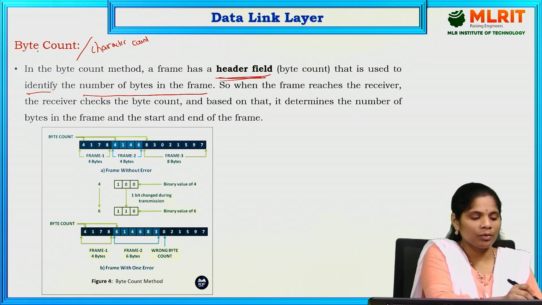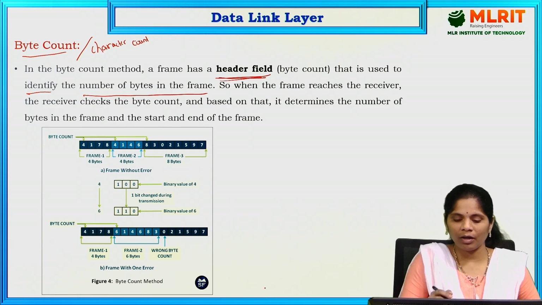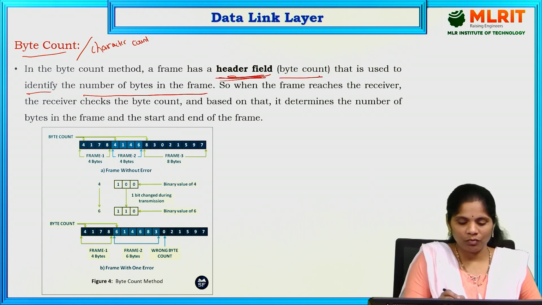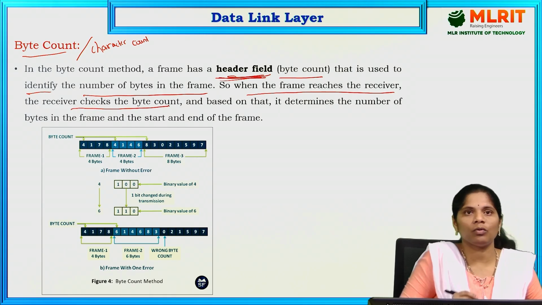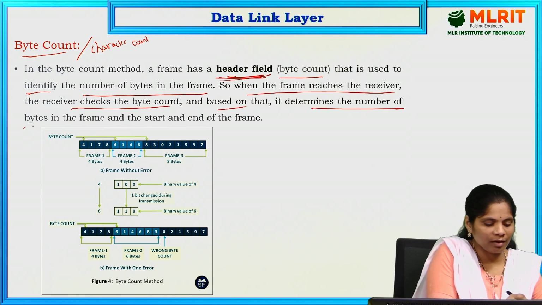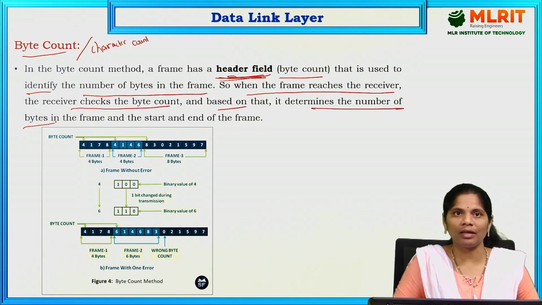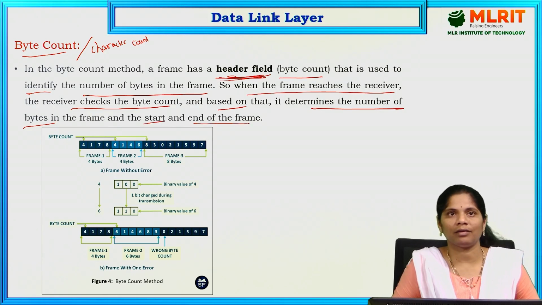This is the byte count field. When the frame reaches the receiver, it checks the byte count and, based on that, determines how many bytes are in the frame and where the frame starts and ends.